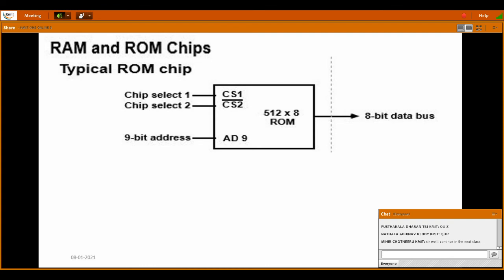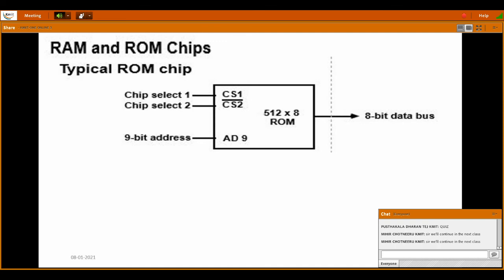Now see about cache memory, which is also small. Cache memory is a small and faster memory which has higher accessibility.